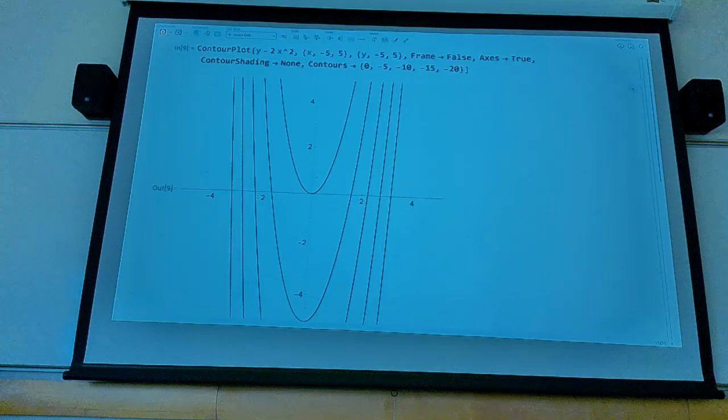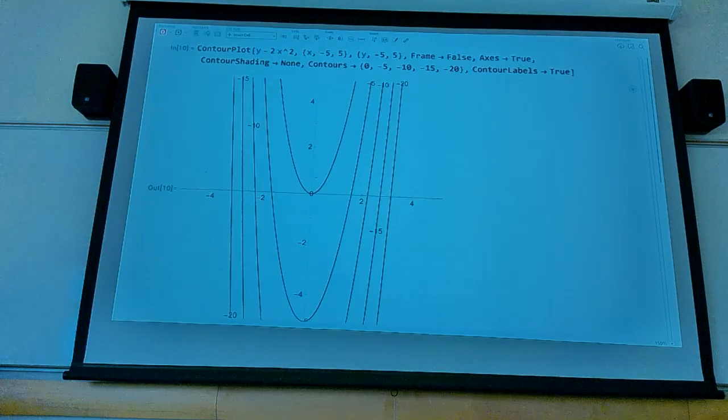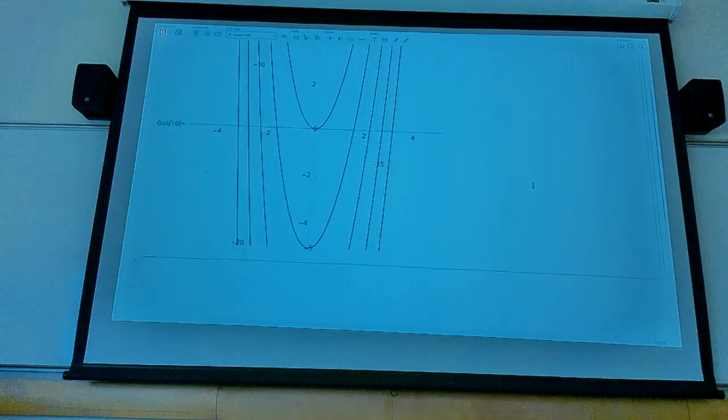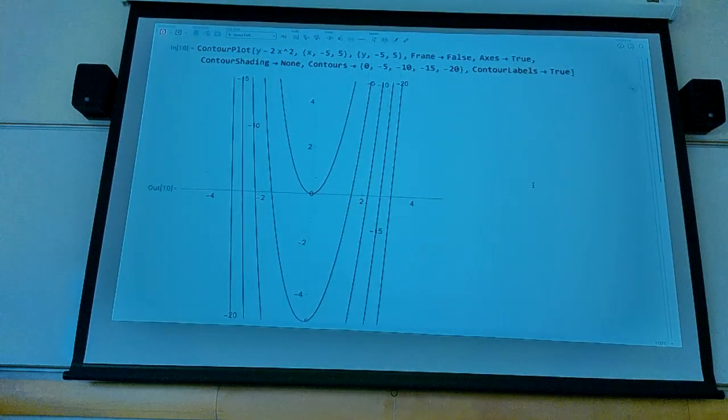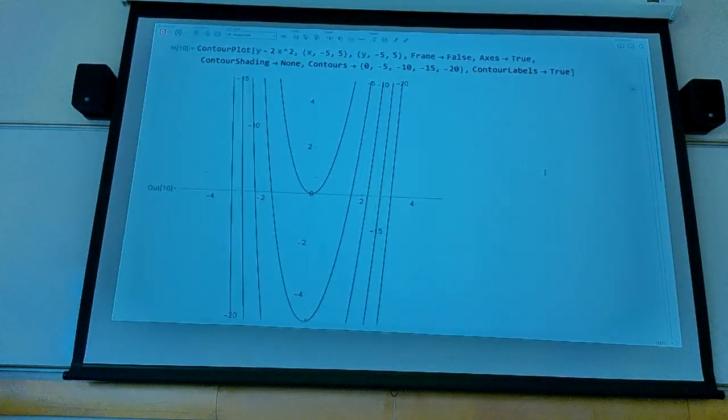Yes, I can. Doesn't really do the best job at labeling them, but you can get the labels on there. So I'm just going to stick with that being automatic, and I'll keep the labels on.